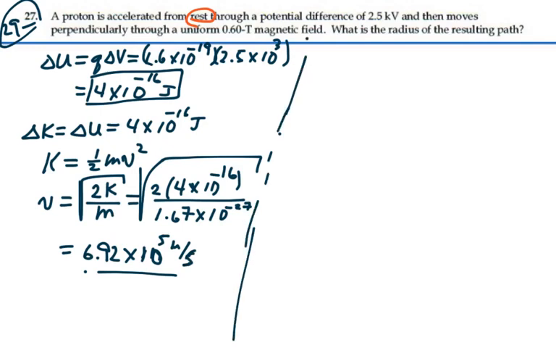We want to find the radius in the 0.6 Tesla magnetic field. That should be equal to its mass times velocity over its charge times the magnetic field.